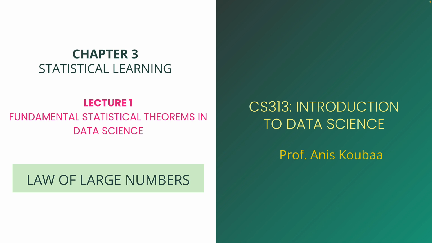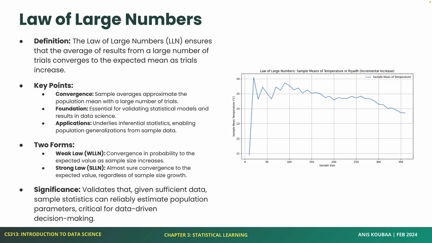Okay, now the second theorem is about the law of large numbers. So the law of large numbers, what does it mean? It's very simple. It says that when you have a sample that will grow to a large number, then the mean is going to converge to the population mean.